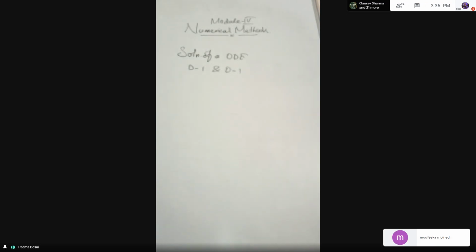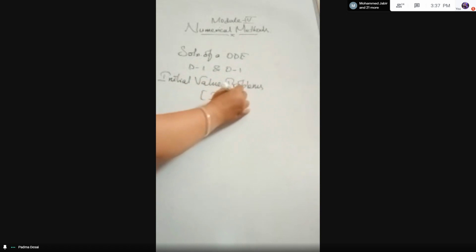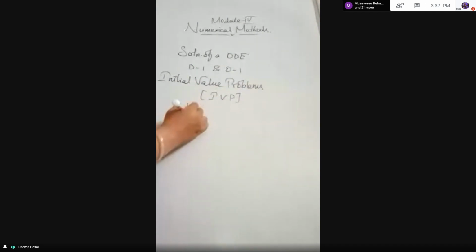So we call the first order, first degree equations as initial value problems. What are they called as? Initial value problems. Usually, in general, this is the short way of representing the initial value problem. What is an initial value problem? We know that the general first degree, first order differential equation is usually given by dy by dx is equals to a function of two variables x and y.